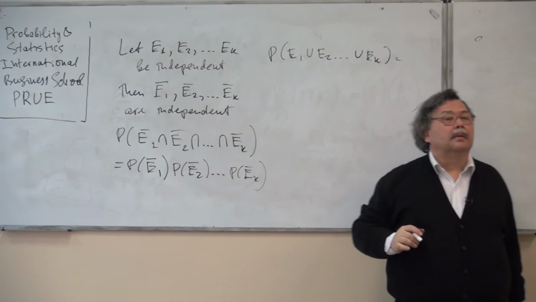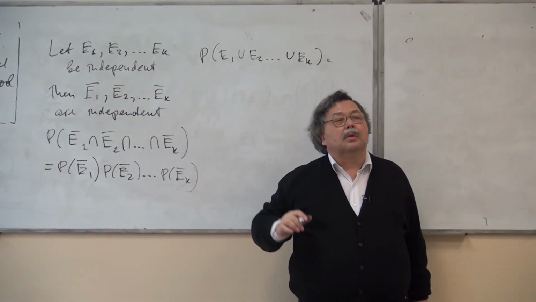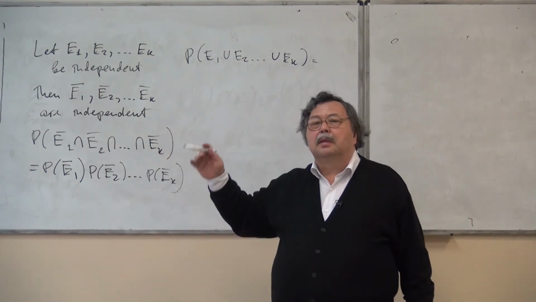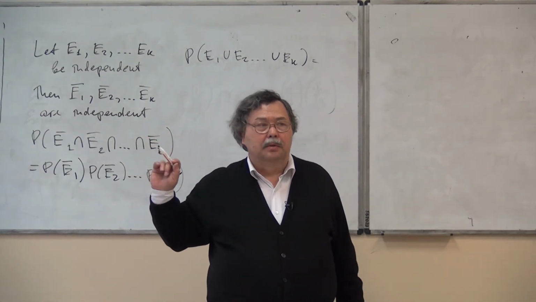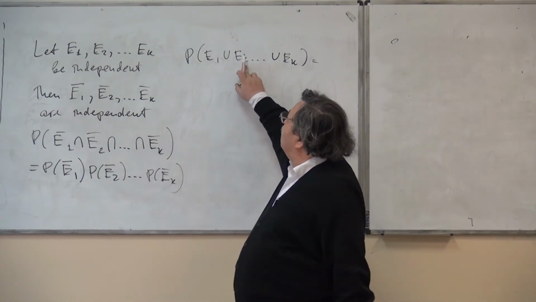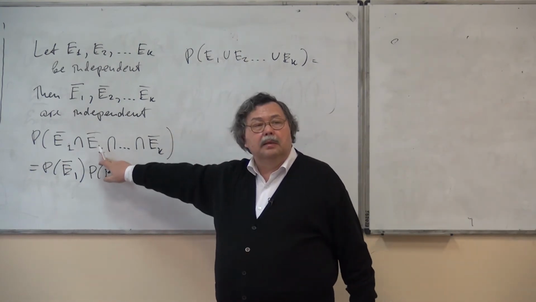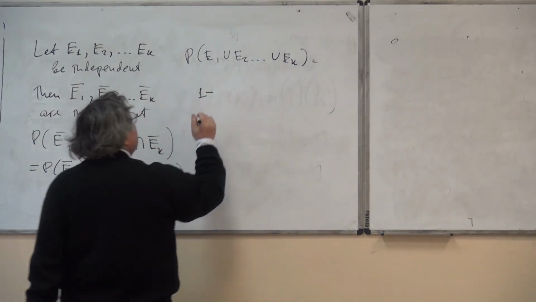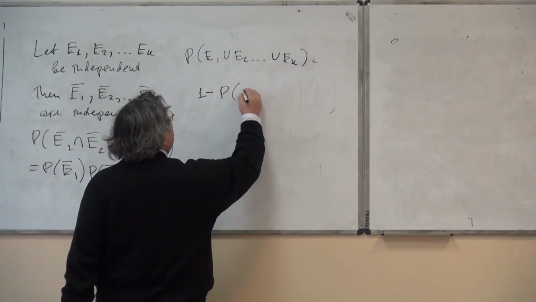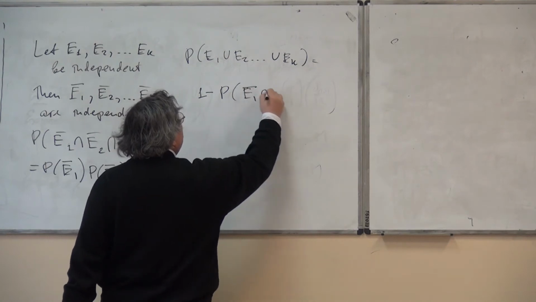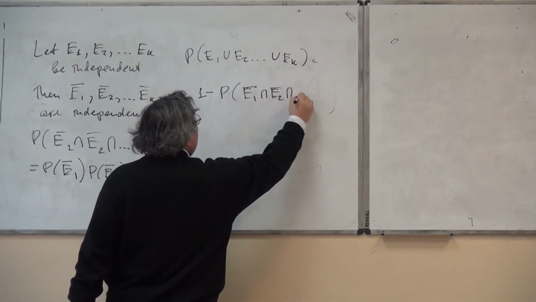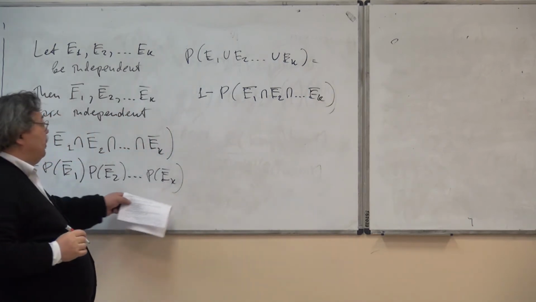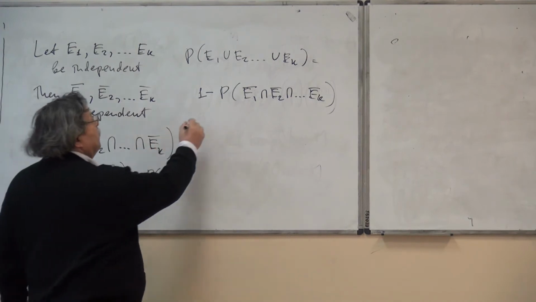What is the complement to at least one of them occurring? The complement is that none of them occurs. Do you get this? The complement to this is what's written here. So, because these two are complements, we can compute it this way. And substituting this expression, we get this final formula.